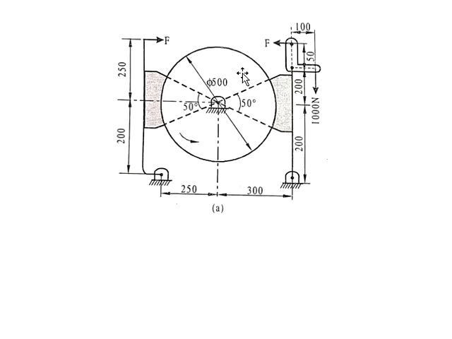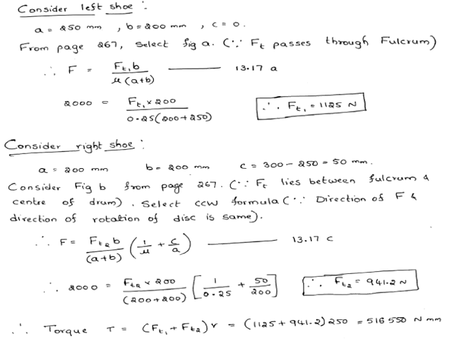To identify that, we have to consider direction of rotation and direction of force. Here drum rotates in counterclockwise direction, so direction of rotation and direction of force are towards left side, means it is acting towards same direction. Therefore use counterclockwise equation, equation number 13.17c.